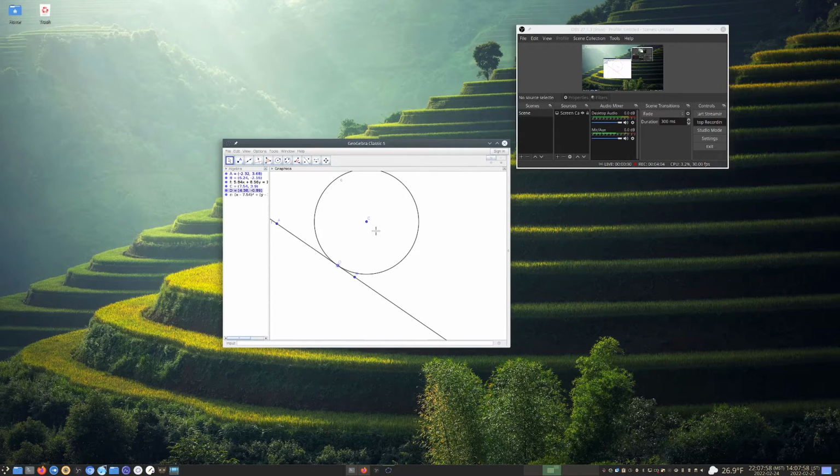So we're going to want to make an equilateral triangle. How do we make an equilateral triangle? What we're going to want are two circles. Maybe let's just pick an arbitrary point here.